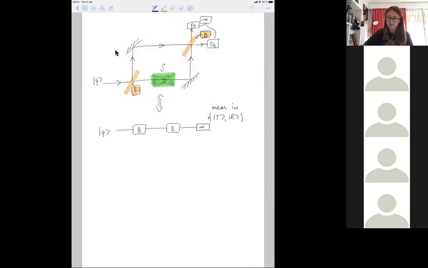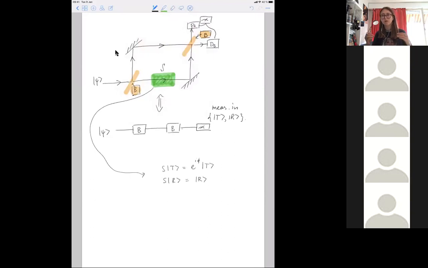And the phase shifter S just acts on one of the states and doesn't act on the other. So if it acts on the state T, then it gives you a phase. If it acts on R, then it doesn't give you any phase.